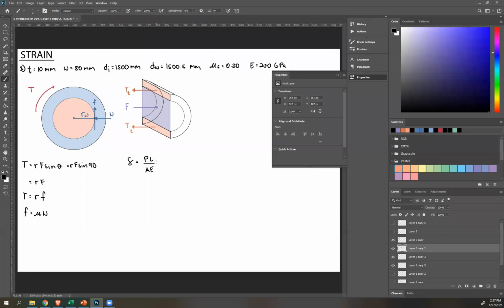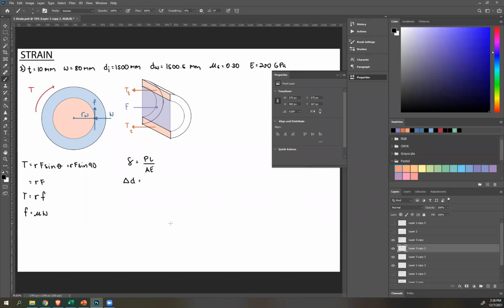Now, the deformation for this tire is not in terms of its length. It's in terms of its perimeter or just its diameter. So instead of this, that's change in diameter.